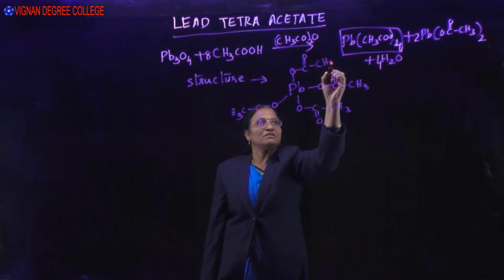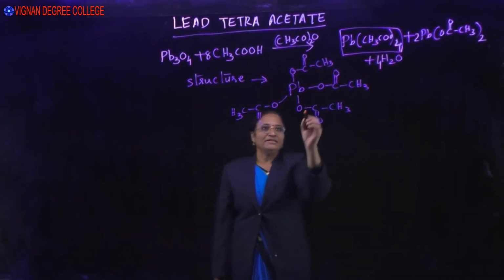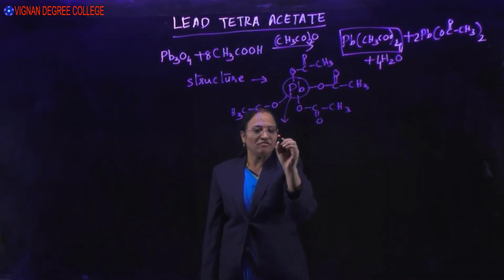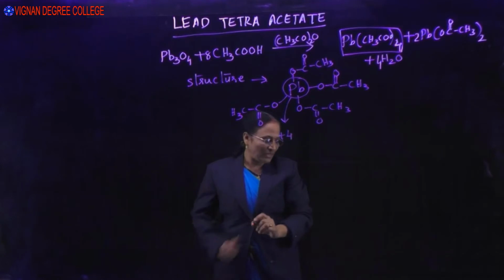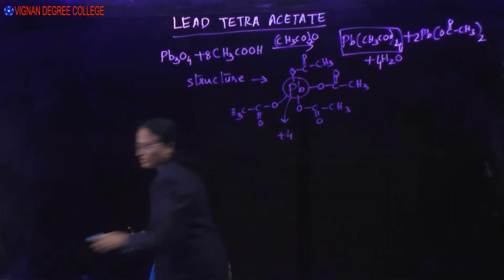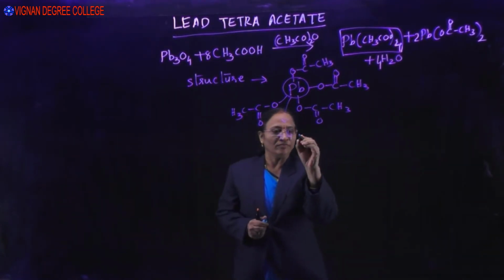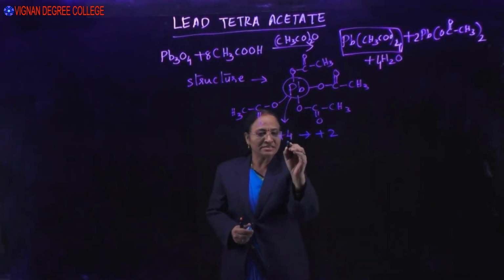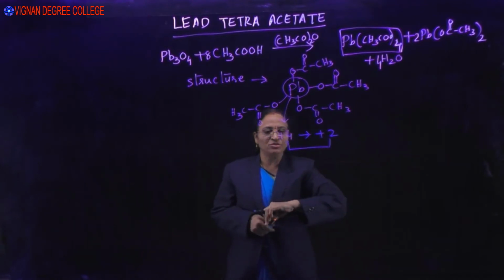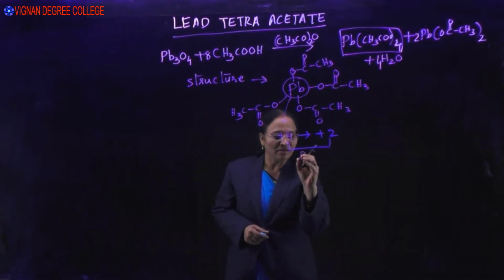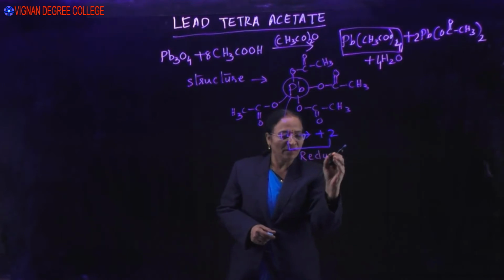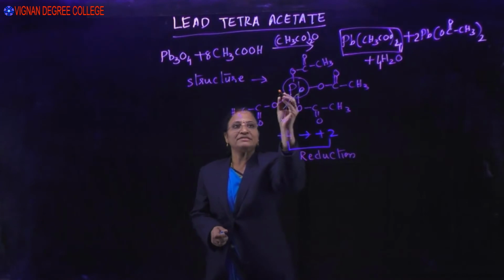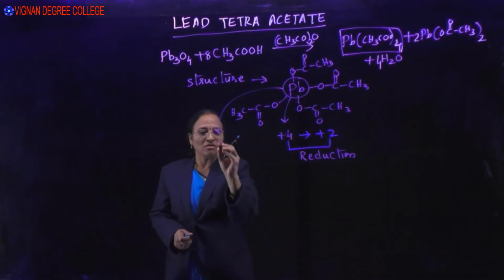So this is your lead tetraacetate, and the lead has the oxidation state of +4. This +4 oxidation state changes into +2 oxidation state, which means it is undergoing reduction, and since this is undergoing reduction, it can conveniently act as an oxidizing agent.